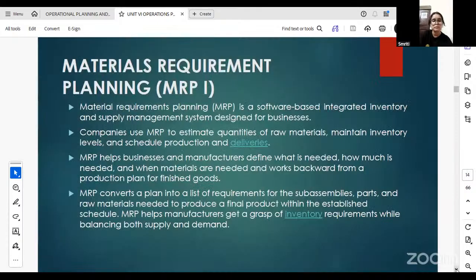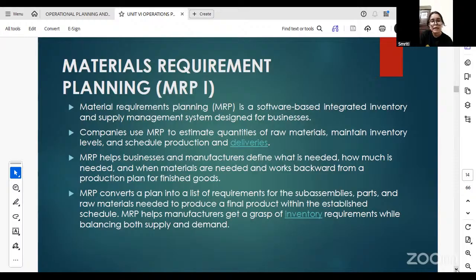Yes, next. Materials requirement planning, MRP1. Material requirement planning is a software-based integrated inventory and supply management system designed for businesses. Companies use MRP to estimate quantities of raw materials, maintain inventory levels, and schedule production and deliveries. MRP helps businesses and manufacturers define what is needed, how much is needed, and when materials are needed, and works backward from a production plan for finished goods.